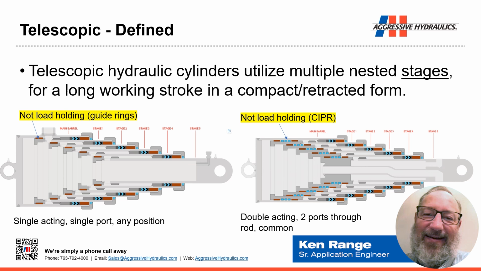On a double-acting telly, it's necessary to use cast iron piston rings, or CIPR, because if those seals have to cross a port, in other words, the ports are no longer in the rod end, the only seal that will withstand moving across a port is a CIPR type of seal, or cast iron piston ring.